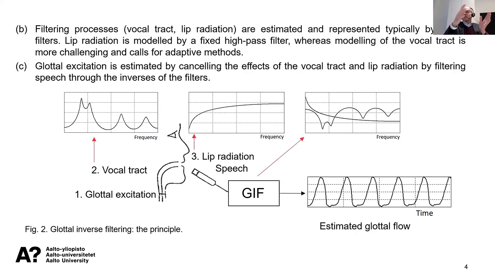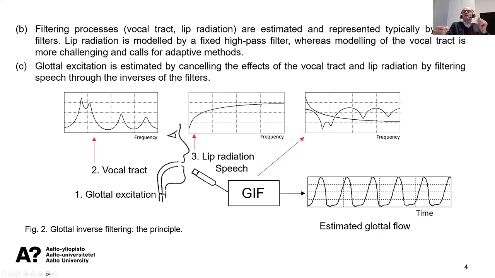So the idea, sorry about the messy picture, is quite simple. The computer tries to estimate this second and third filtering process automatically from the incoming signal. And the key problem is how to estimate this vocal tract part.